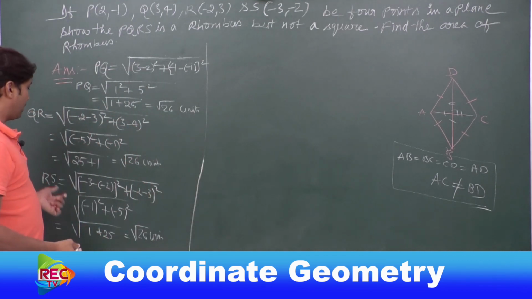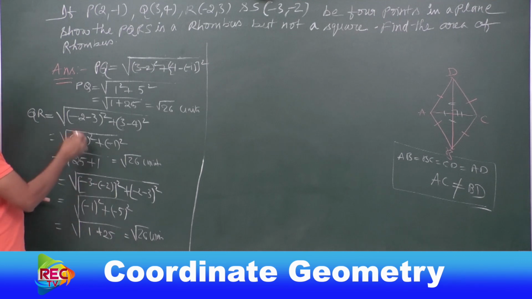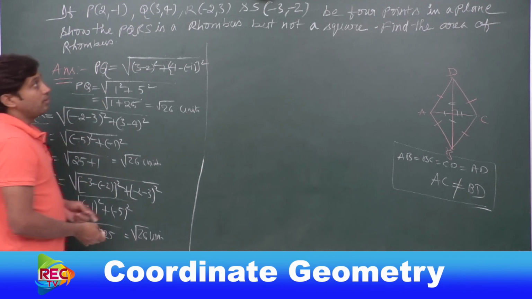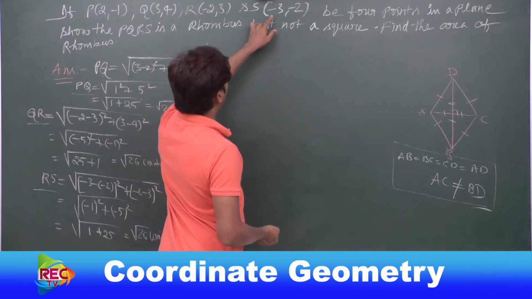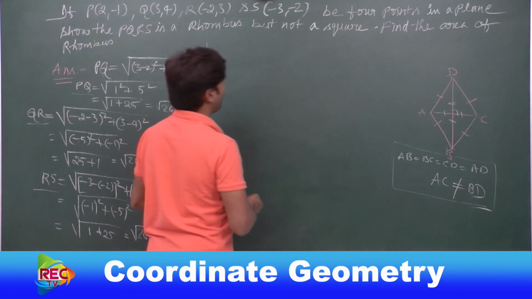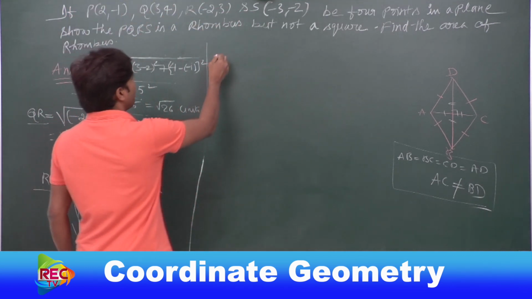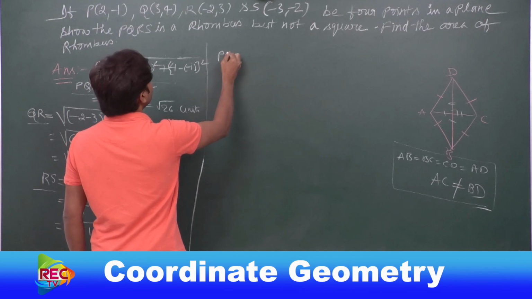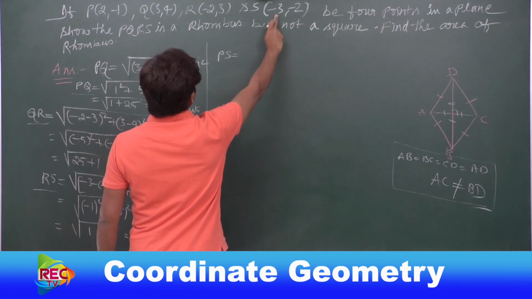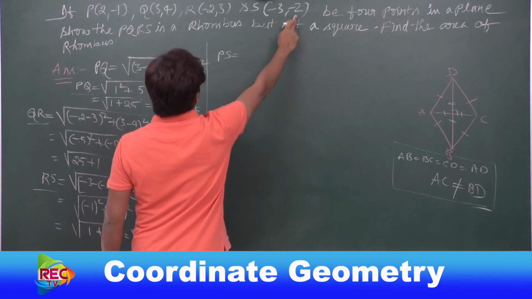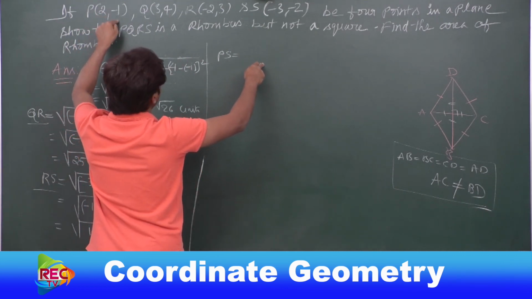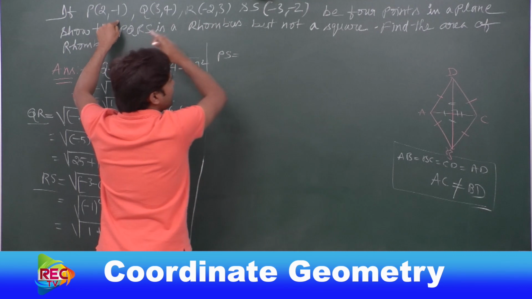Let me find out. What did we find till now? We found PQ, QR and RS. Now let us find the distance between P and S. PS, what is PS here? Let us consider this as x1 y1 and this as x2 y2, or else the other way around, any order you can select.